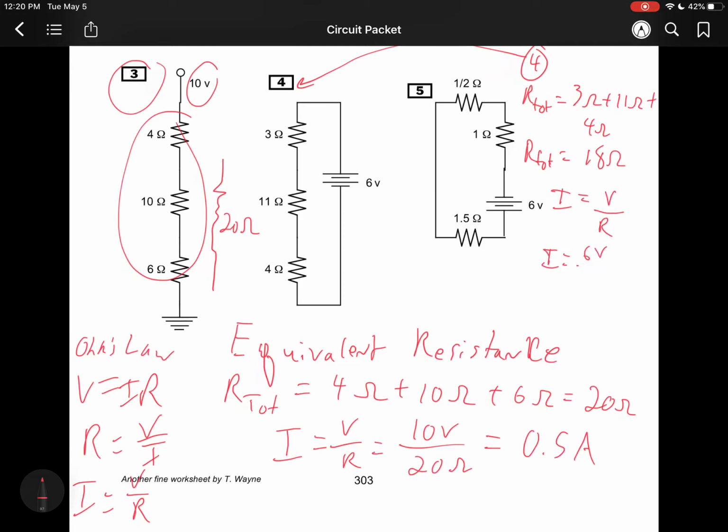So that's 6 volts over 18 ohms. That's 3/9, so a third. So 0.33 amps. Now you'll be doing more of these. Realize that all those electrons have to go through all those resistors because there's only one path. These are series circuits.